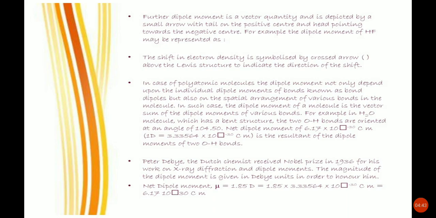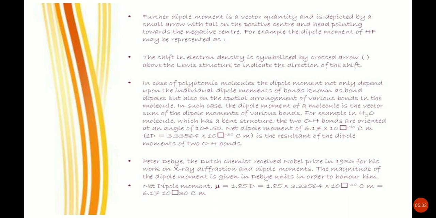For example, the dipole moment of HF may be represented with the tail on H and the arrow on F.